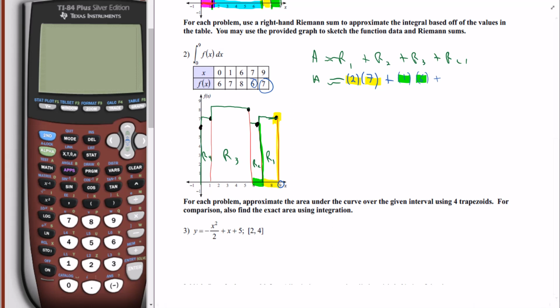And then we're going to do the next one, which is base times height, which is, from 1 to 6 is 5 units. So 5 times the height when using the x coordinate of 6, which is 8. And then the last one is a base of 1 times a height of 7.